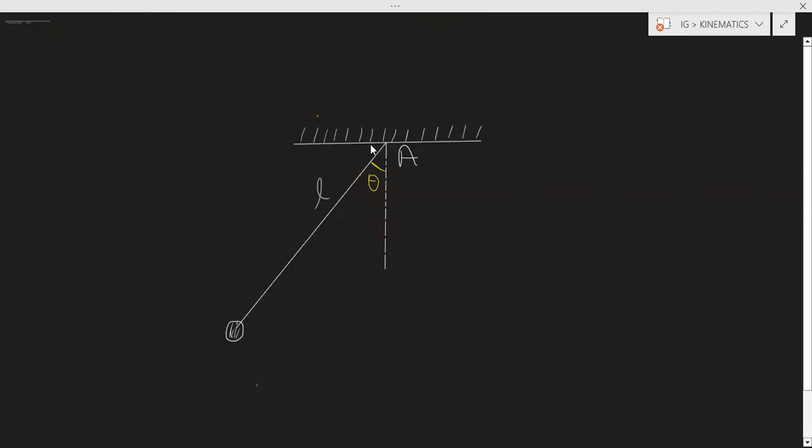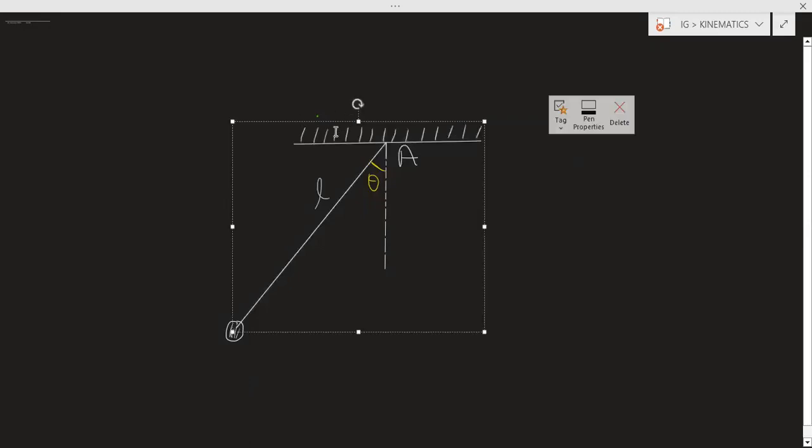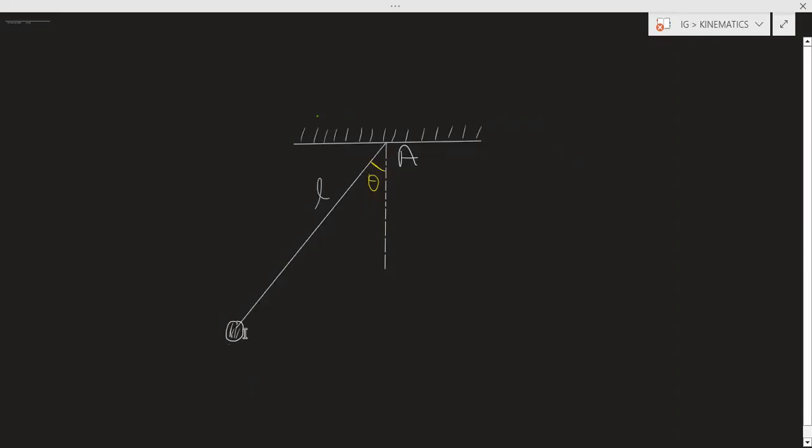From this fixed support, a string is attached, and from that string a particle, or you can say a stone, is attached, and this particle is performing horizontal circular motion.